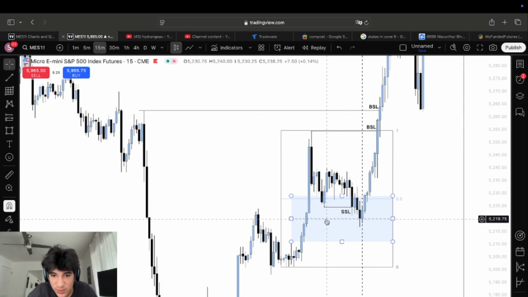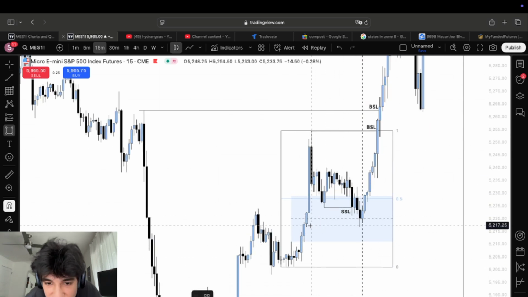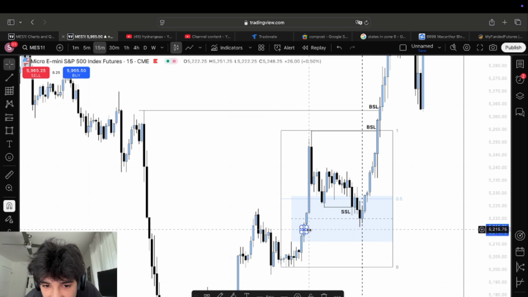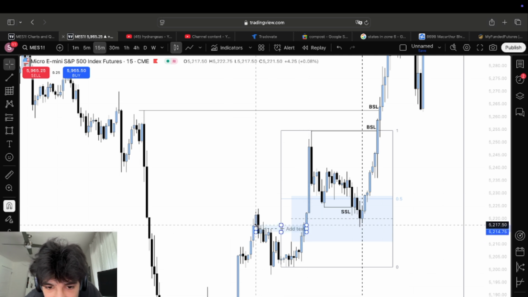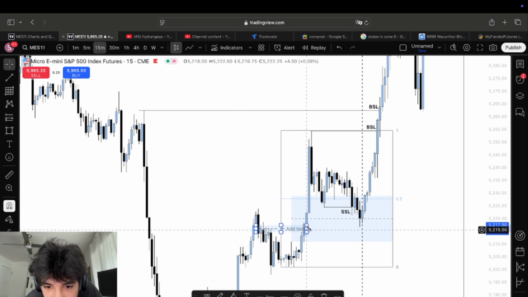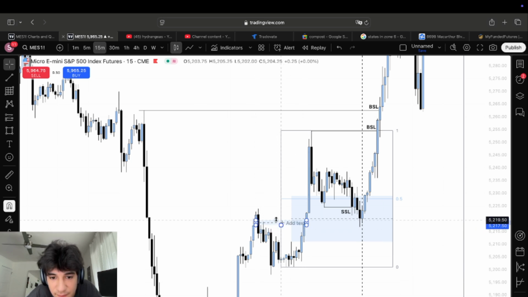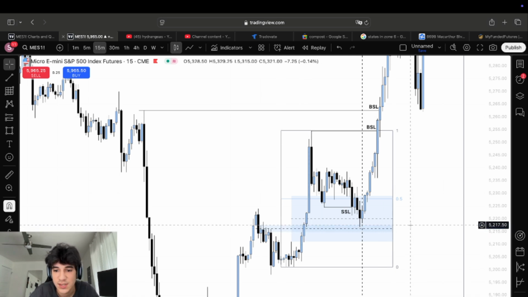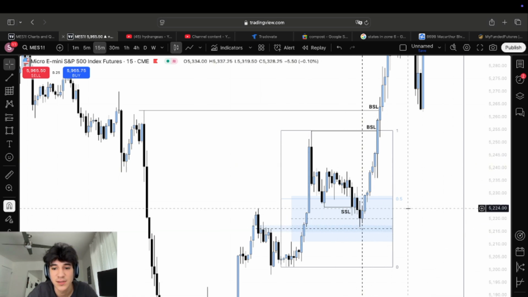We tap into equilibrium, tap into a fair value gap. We see that we even respect this one. We tap into, we literally perfectly wick into it. Oh, there's a BPR. Yeah. BPR, which is a fire confluence. We see that we tap into that really, really nicely.